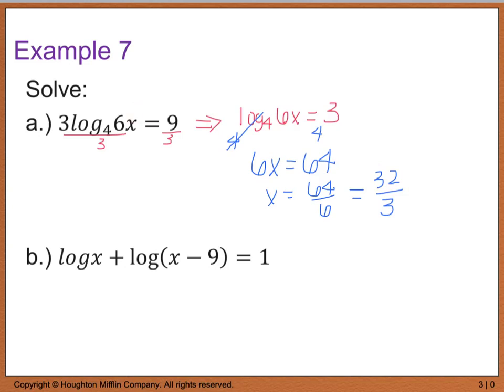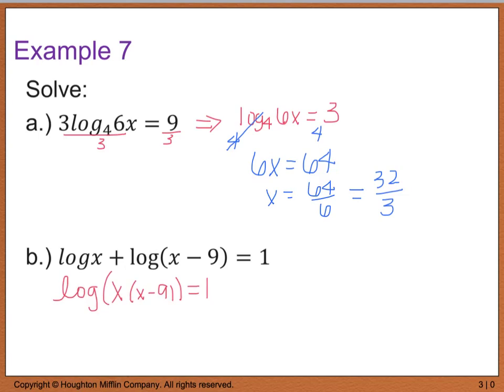So let's go ahead and look at part B. Part B says that we have log of x plus the log of x minus 9 equals 1. Well, we can rewrite this as 1 log by condensing. So I really have the log of x times the quantity x minus 9 equals 1.